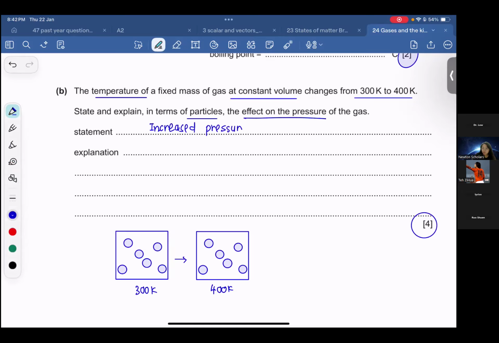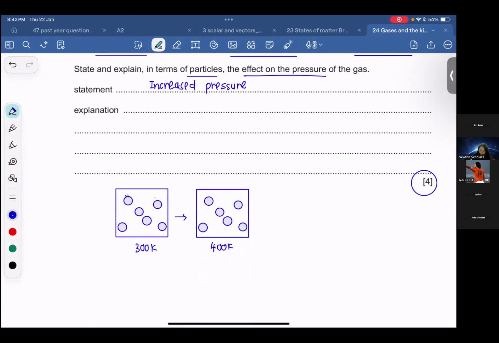Okay, so here, this is how the particles move. Then at 400 K, that means they will move faster. Here, the answer they want is for you to mention what is going on with the particles.